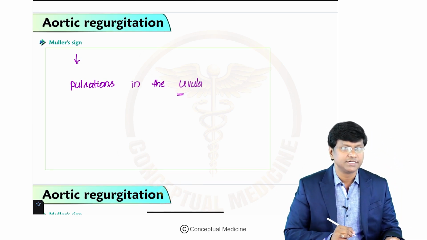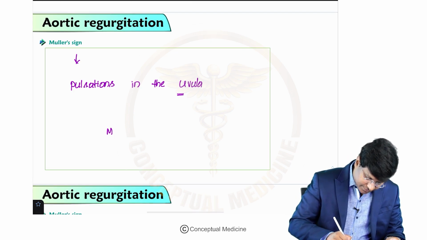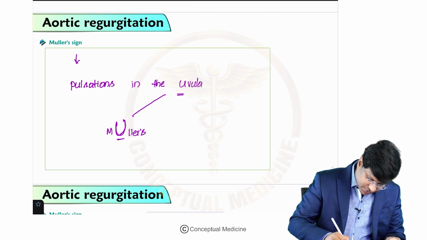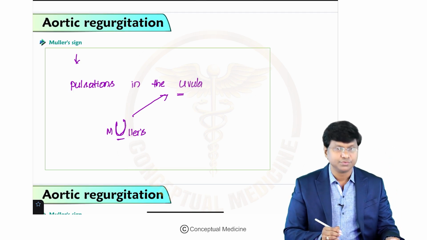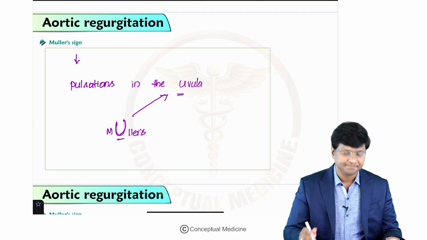That is called the Muller sign. So how do you remember that? Just remember the U in Muller's, the one which starts with the letter U. So pulsations in the uvula is nothing but your Muller sign.